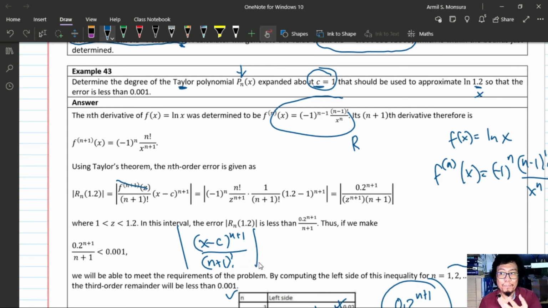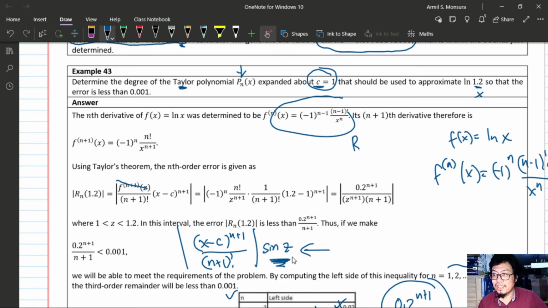In example 42, we were not able to ignore it. The reason is that this error actually contains a sine of x, which prevents us from evaluating, since this is the very thing that we are trying to estimate.